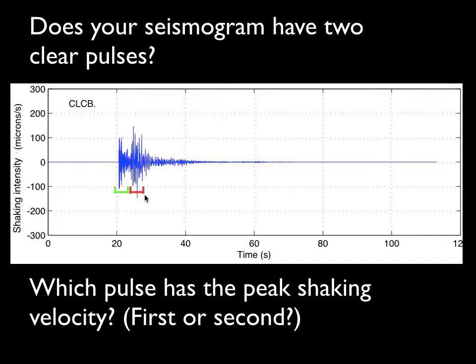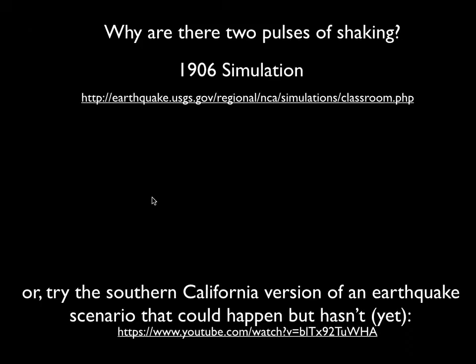Is it the first pulse or the second pulse? We raise our hands for the first pulse. Very few students are able to show us the first pulse is stronger. And then I say, how about the second pulse? And just about everybody in the class raises their hand, and we now have an interesting pattern that we need to explain. Why is it that the second pulse is stronger than the first pulse?